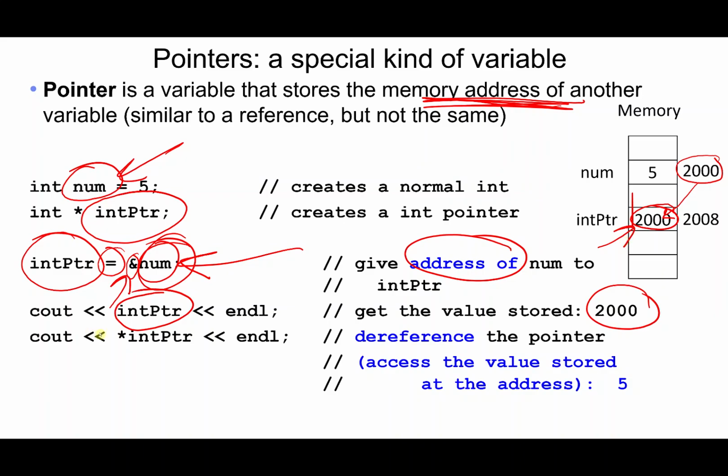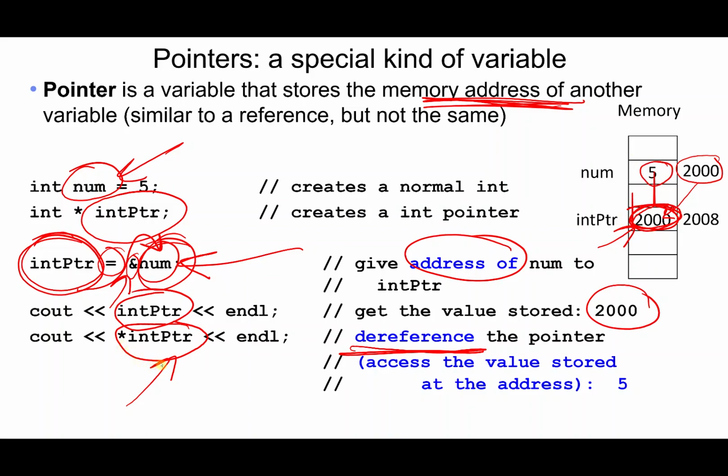And when I print asterisk int ptr, I'm dereferencing. Remember, this is now referencing num. So I'm dereferencing what the pointer is pointing to, which means I'm accessing what this memory location holds. So basically I'm printing the 5.